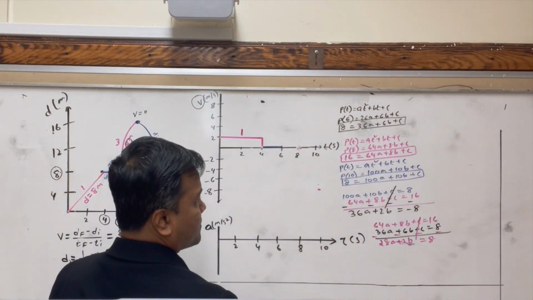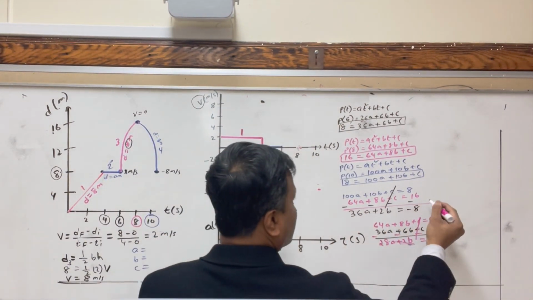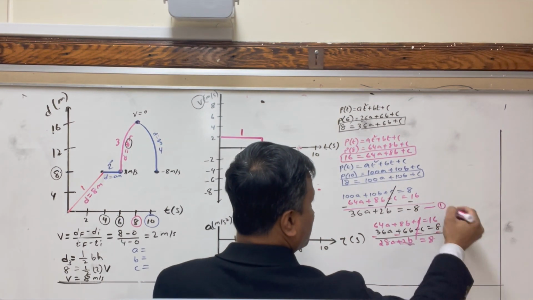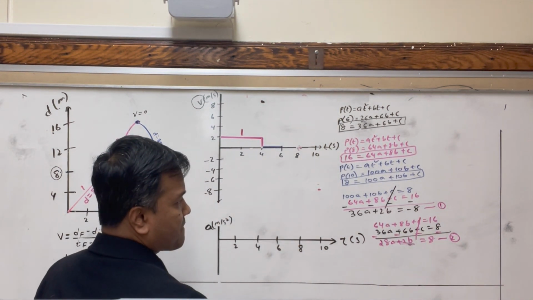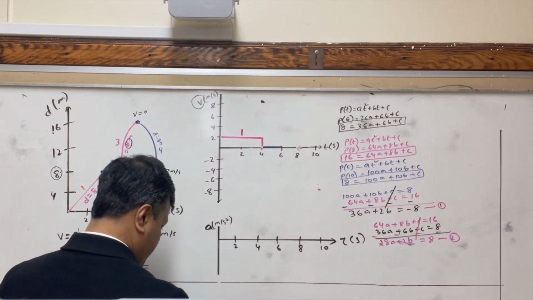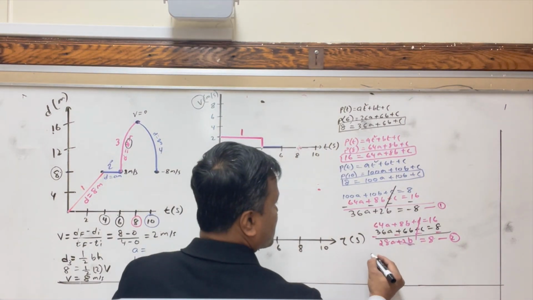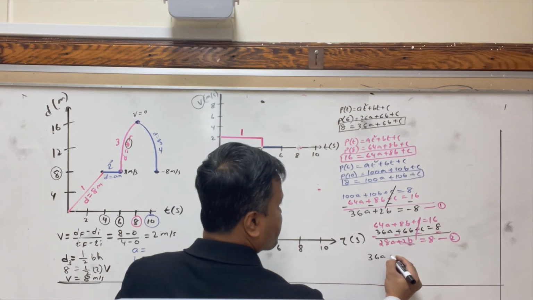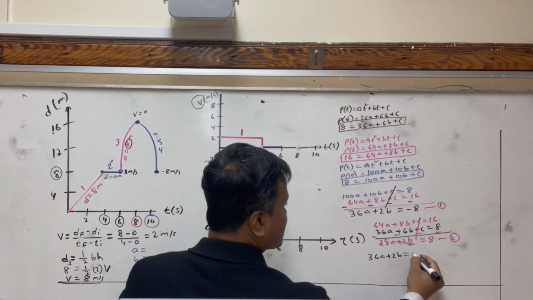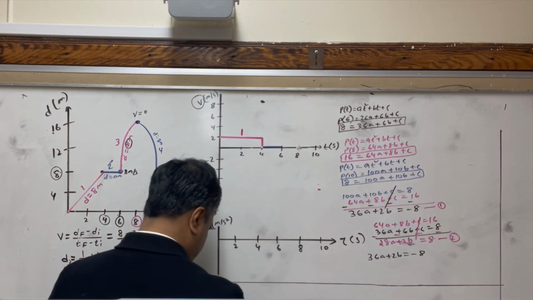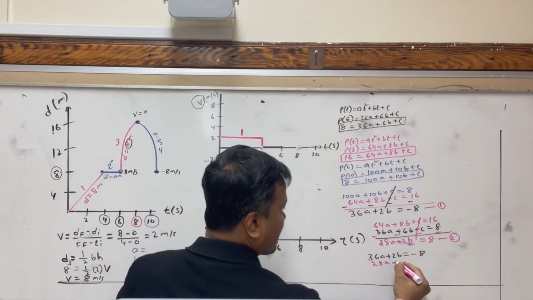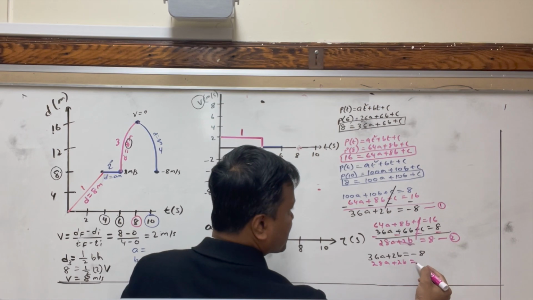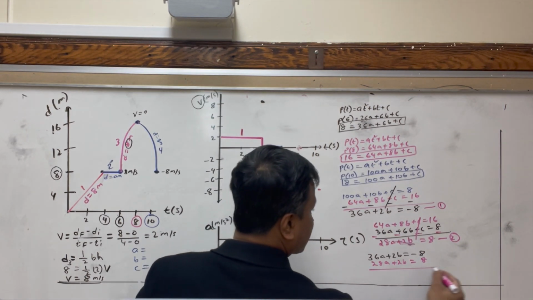All right, now we have this one and we have this one. Okay, so 1 minus 2, let's do it. So 36a plus 2b is equal to negative 8, and 28a plus 2b is equal to, of course, 8.